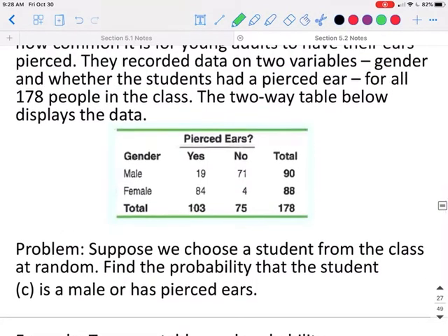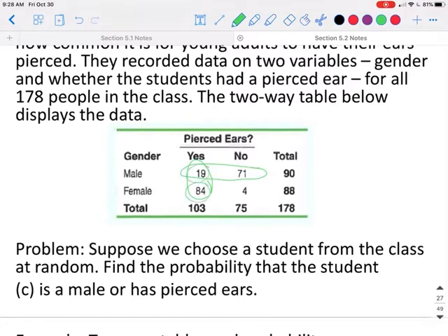This time, what's the probability that it is a male or has pierced ears? So the male students are all here, and the students that have pierced ears are here. If you notice, 19 is covered in both categories.